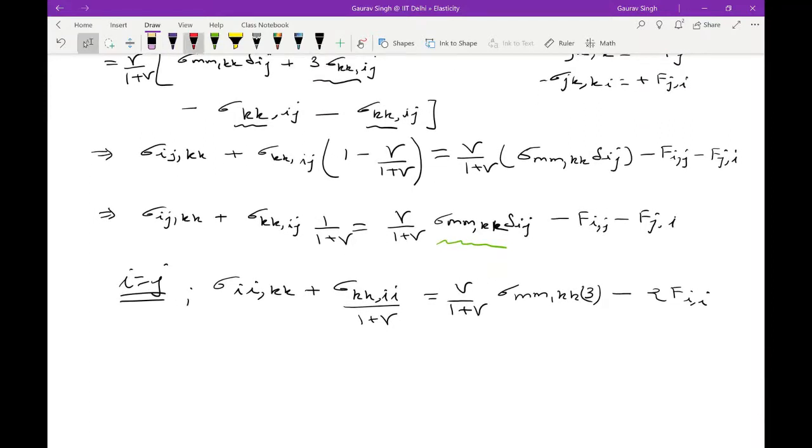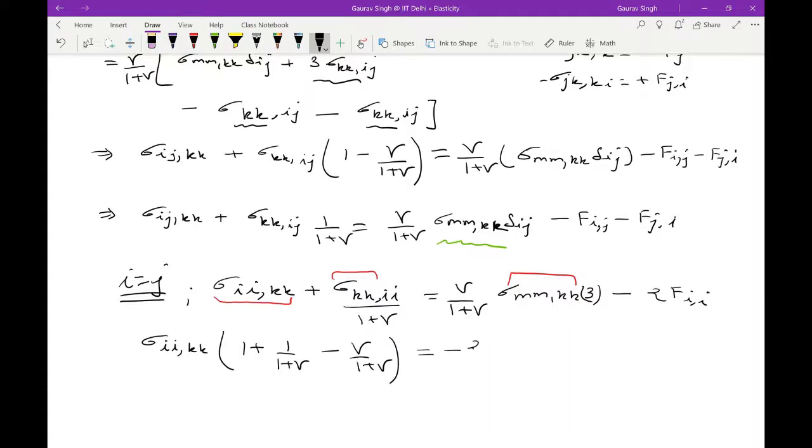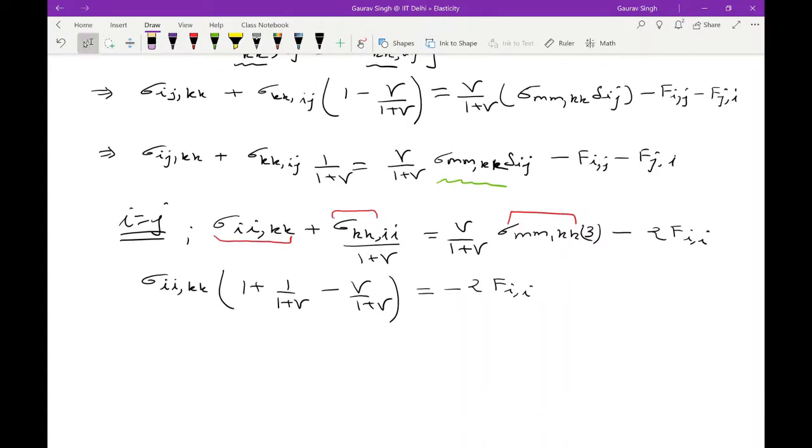So can you see that all these terms are actually the same? So we would write that sigma i comma kk, 1 plus 1 by 1 plus nu, minus nu by 1 plus nu, equal to minus 2 times f i comma i.